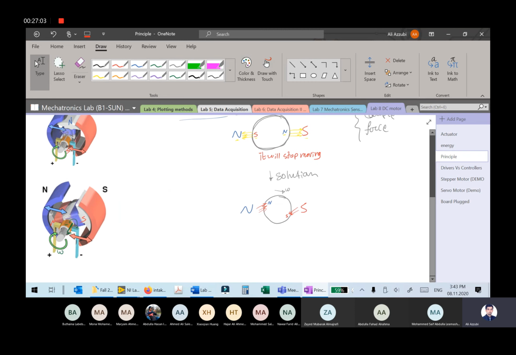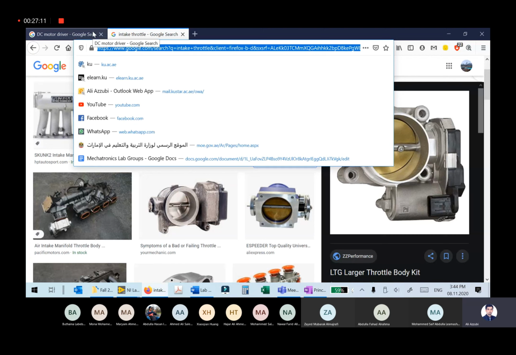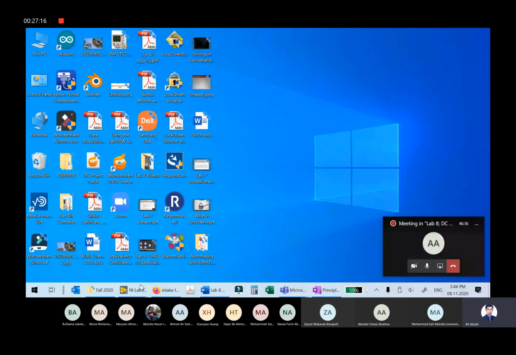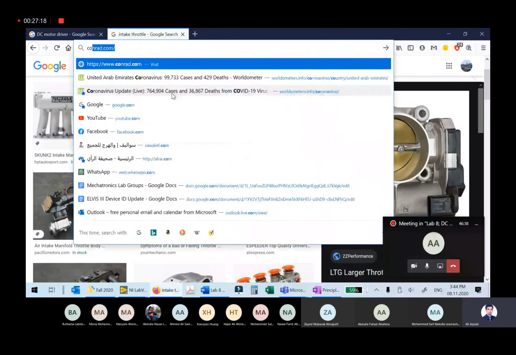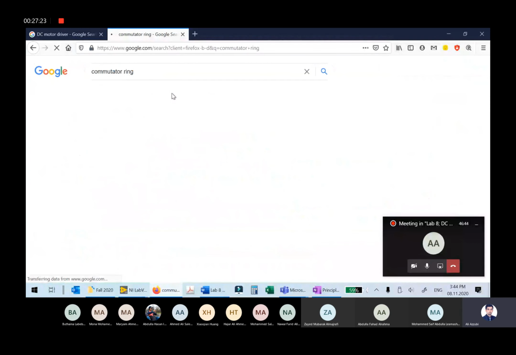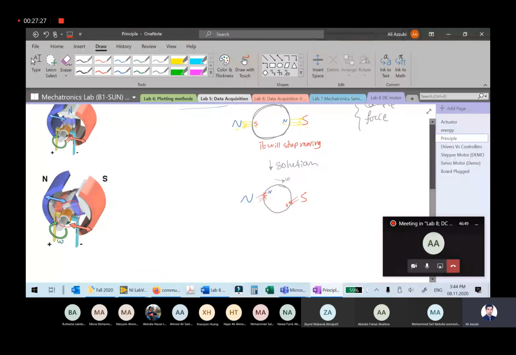All right. Now, without animation, this is not easy to understand. So what I will do, let me just give you a YouTube link to explain this commutator idea. Okay, we call them commutator ring. Let me write this in OneNote. These are called commutator rings.